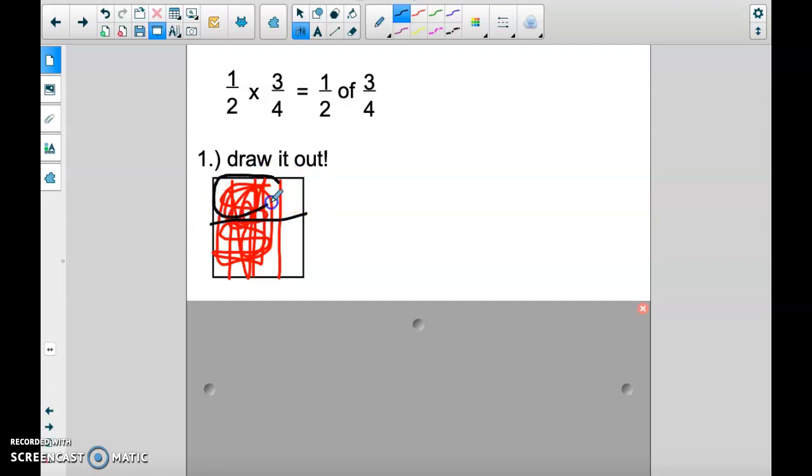And then half of those 3/4 would be 1, 2, 3 out of 1, 2, 3, 4, 5, 6, 7, 8. So 3/8.